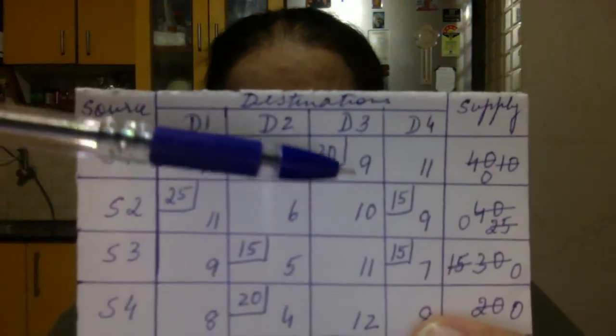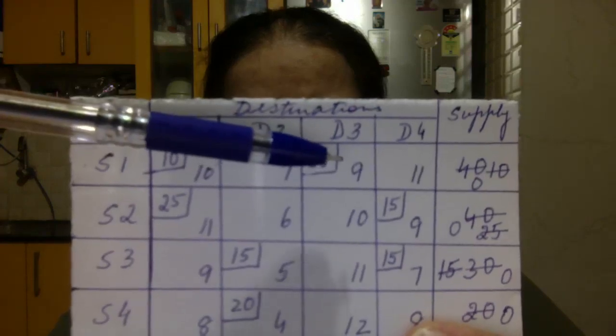S1 D3, like that I can go. I have to have S1 D1, S1 D2, S1 D3 and S1 D4. So whenever I get an occupied cell S1 D1, I know whether the other three are occupied or not.